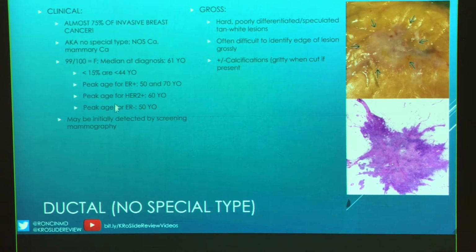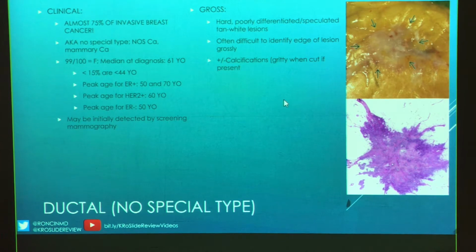Well, that could also just be HER2 positive, hormone receptor negative. But okay, point being, 50 years and up. If you have breast cancer in a younger female, really think about genetics. They tend to be more aggressive.